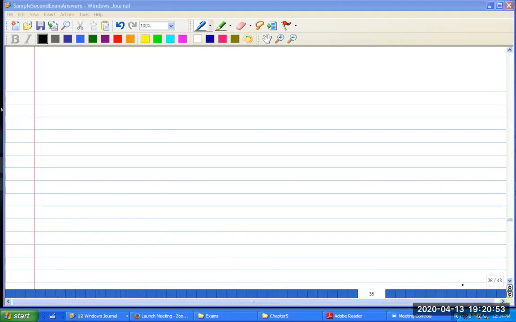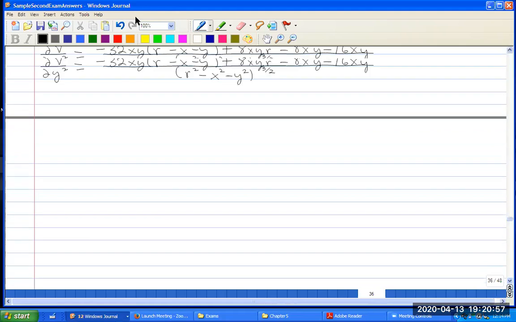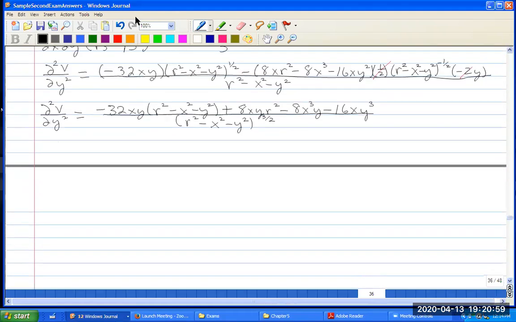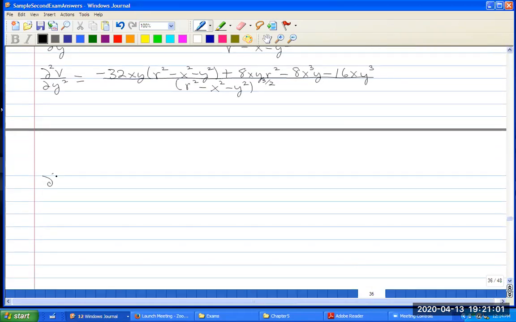And so this is equal to, let's evaluate at the critical number. r over rad 3, r over rad 3. So this becomes negative 32. If you multiply that together, that's r squared over 3.